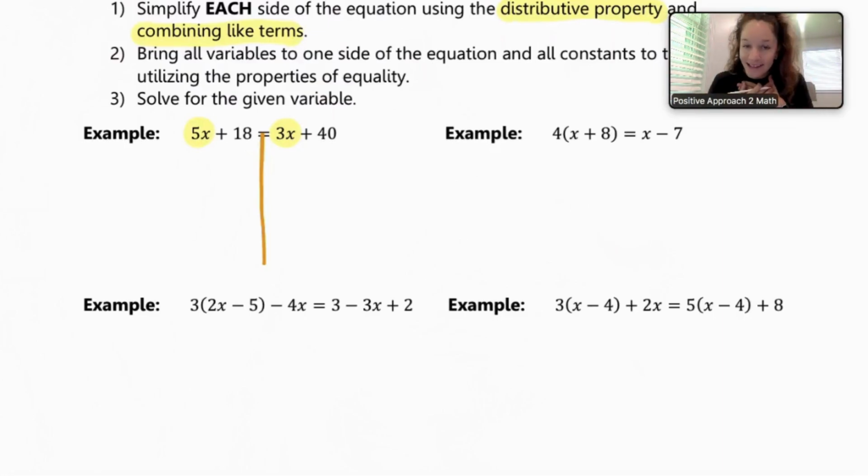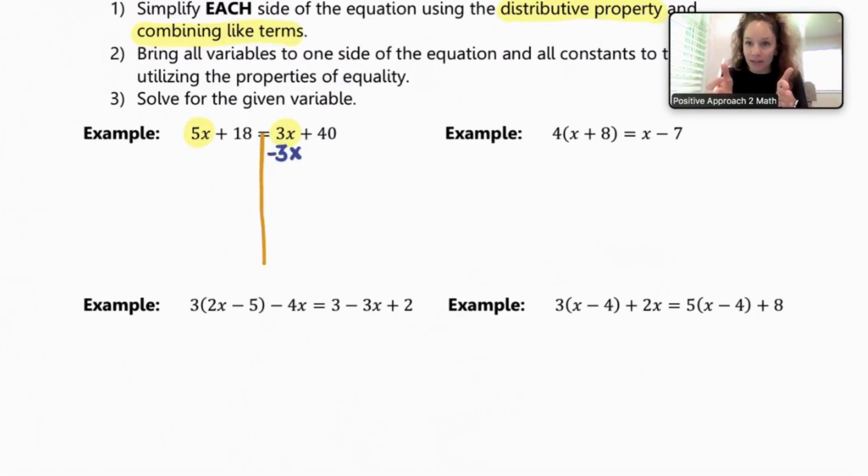I like to personally move every variable to the left, letter to the left, if I can. So I'm going to say, okay, I need to take that positive 3x and move it over to the other side. We're going to subtract it. Okay?